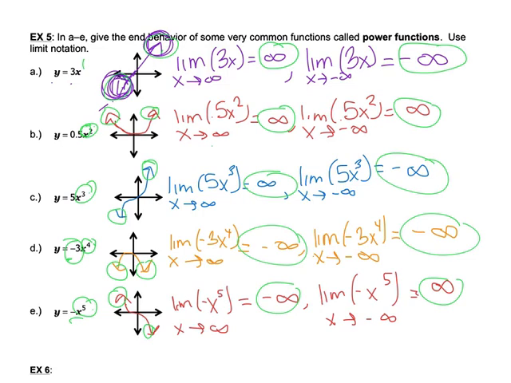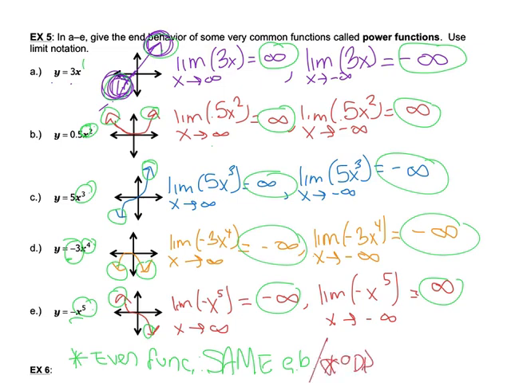The important takeaway from that is that if it's an even function, you have the same end behavior. I'm just going to write EB for end behavior. And then if it is an odd function, it's opposite.